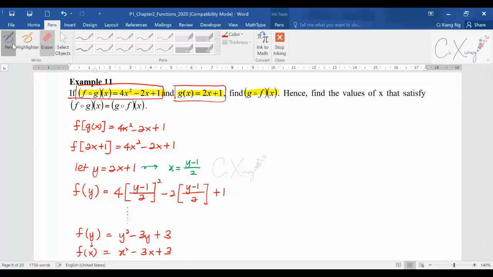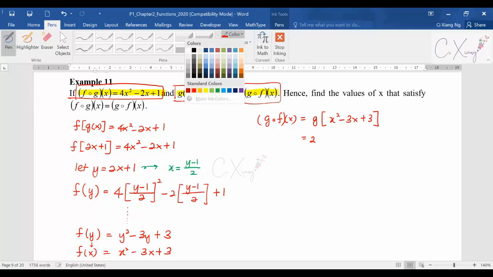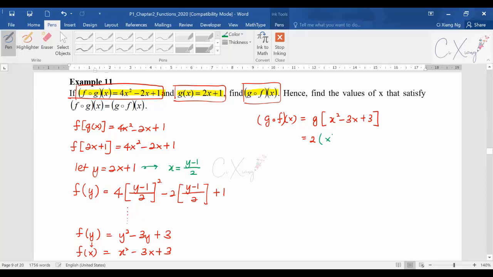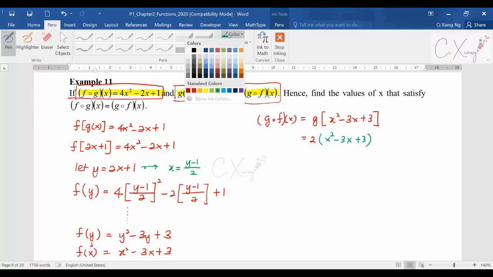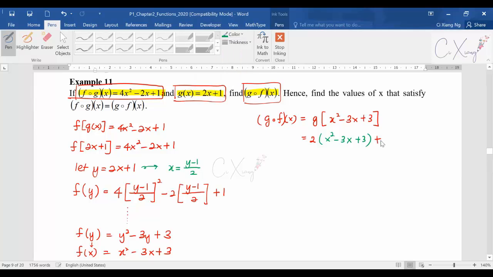Now after you get f(x), you want to get g composite f. So how can I have g(f(x))? That means I want to substitute x squared minus 3x plus 3 into the function g(x). So g(x) is 2 times (x squared minus 3x plus 3) plus 1.